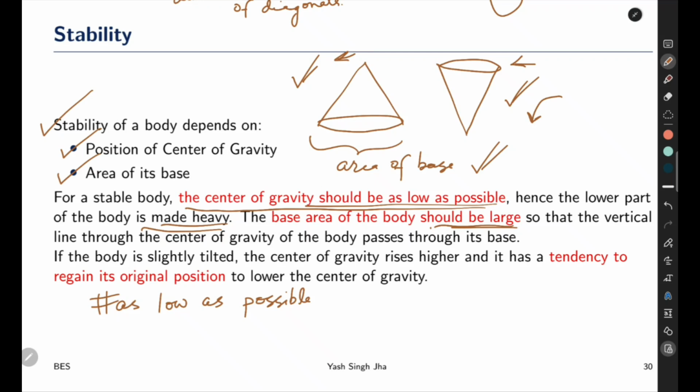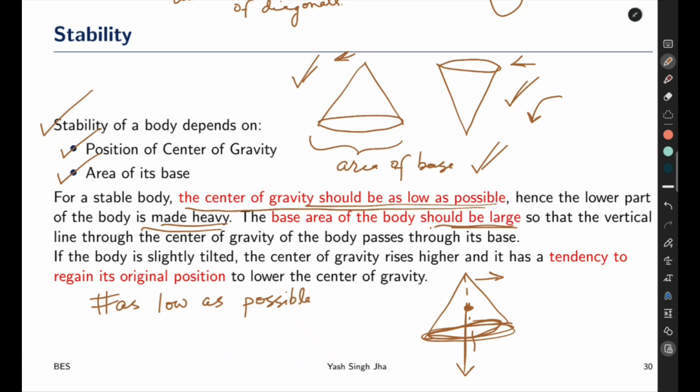What happens if the base area is large? If the object is tilted, like in the case of this cone, the center of gravity is lying here. The line joining the center of gravity to the center of the earth is still passing through the base, so it is going to have the tendency to come back to its original position.